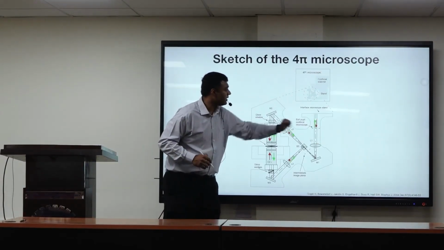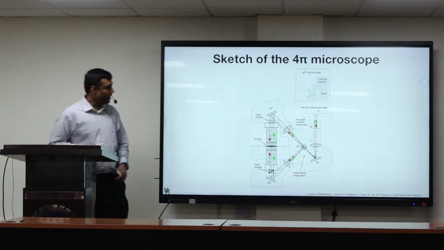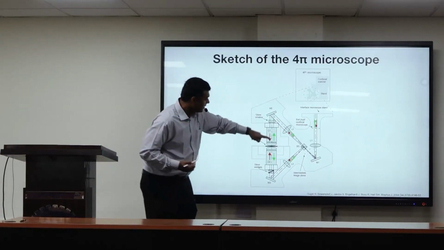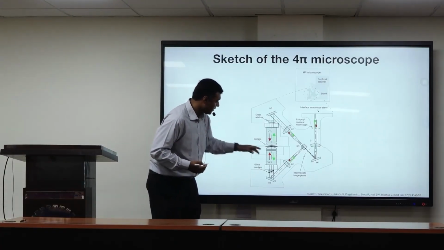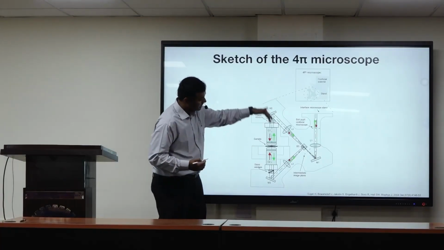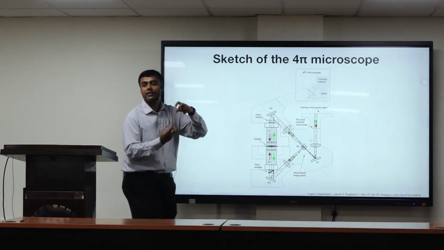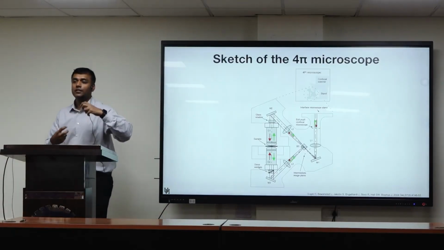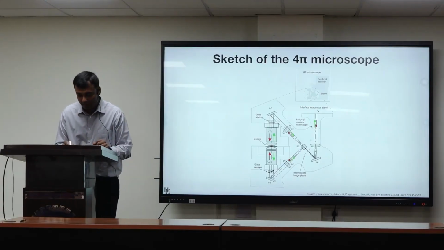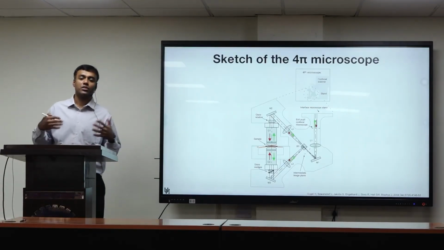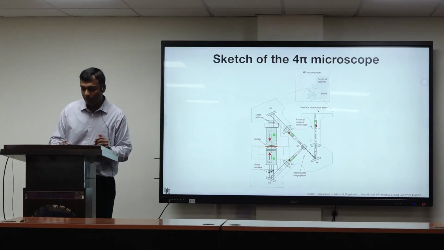You have just a regular confocal microscope, except light comes in and goes back this way, and comes in and goes back this way as well. So there are two different directions from which you can collect light, and that way you get the most amount of angles, and get the best resolution.